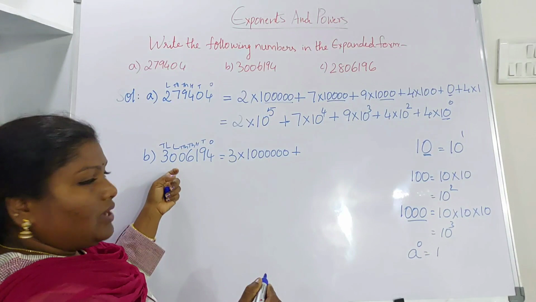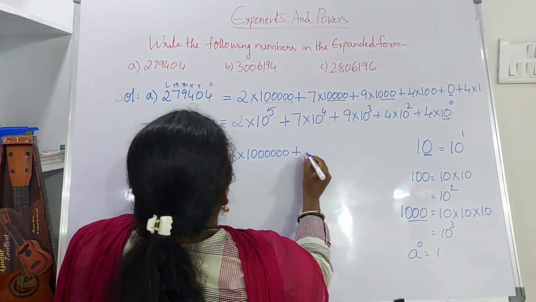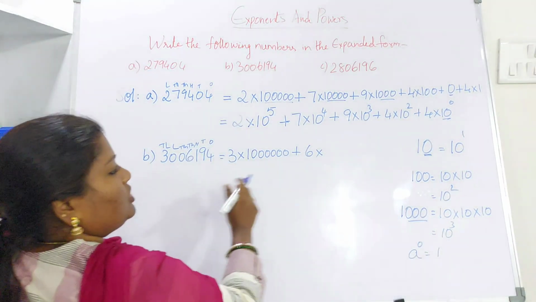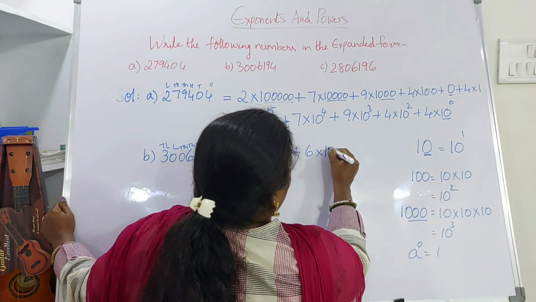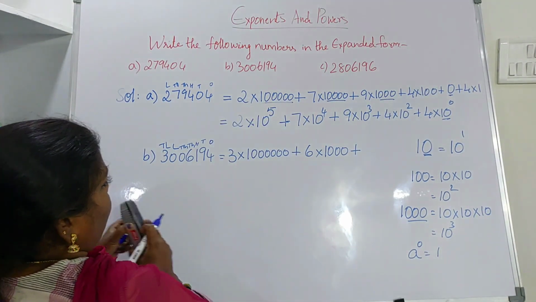You have one more 0, that is in the 10,000s place, you can neglect it, and you can write 6 into, now 6 is in the thousands place, so this can be written as 6 into 1000, that is 1 followed by 3 zeros.